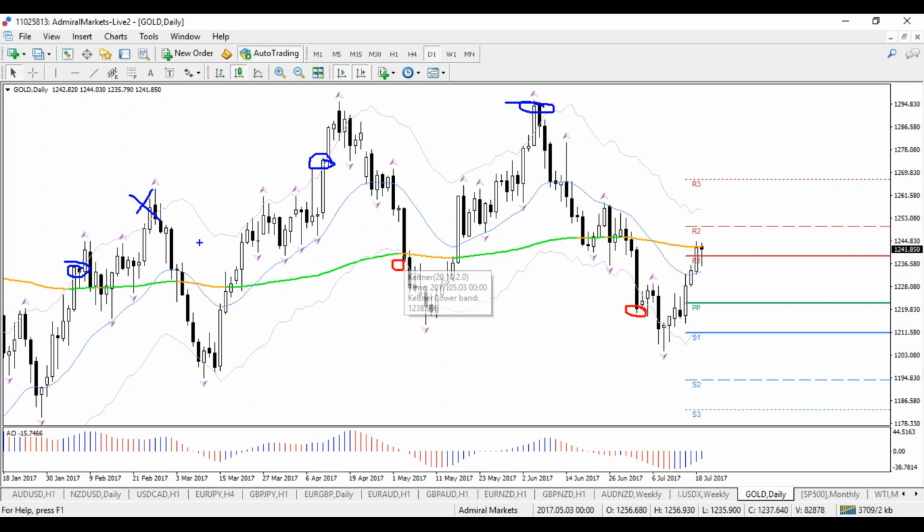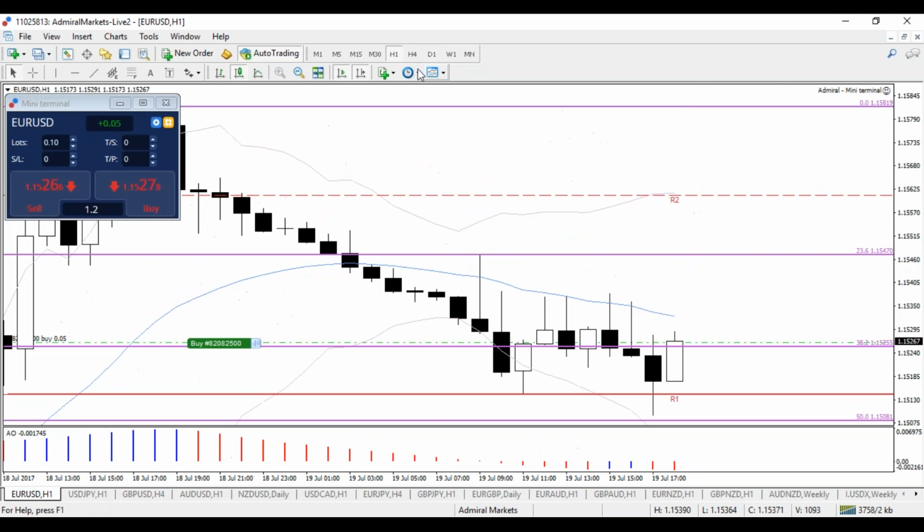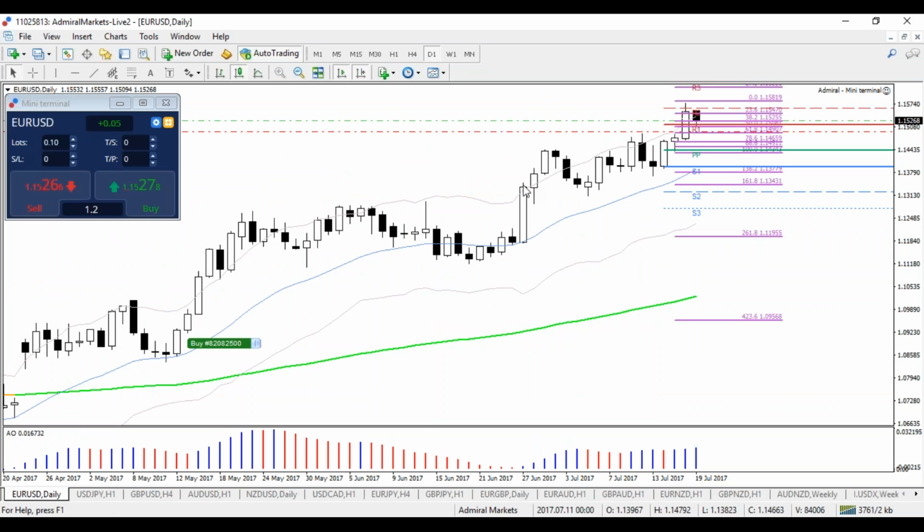Now, why do I not count this one? Because this is still one swing, and we had a breakthrough recently. We should also note that the euro-dollar break of the Keltner is not as strong, because we've already had a few breaks before it. And this is one swing, so that's something to note as well.